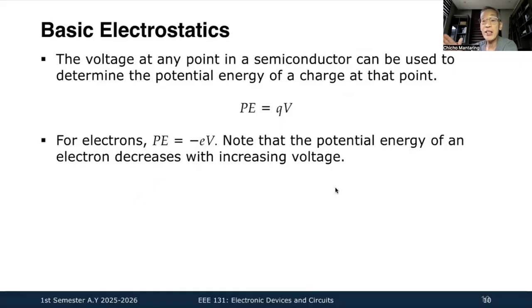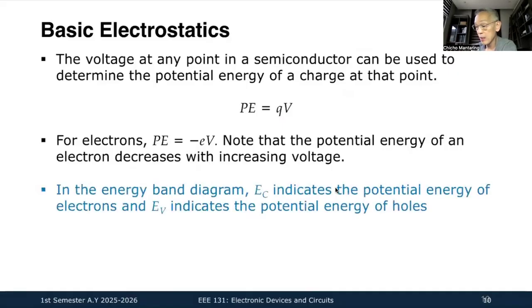So if you have an increasing voltage, the potential energy of your electron will be decreasing. And in the energy band diagram, I think I already mentioned this before: E sub C indicates the potential energy of electrons, and E sub V indicates the potential energy of holes.